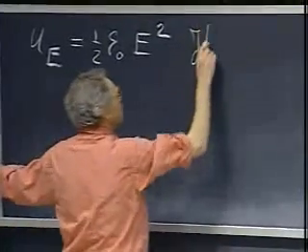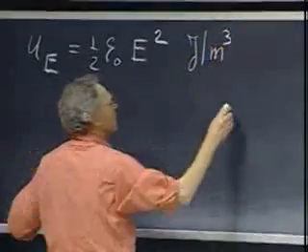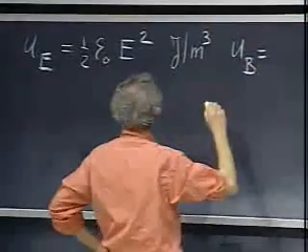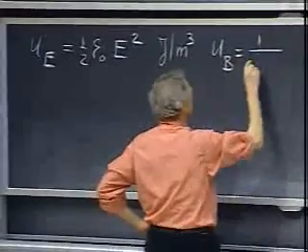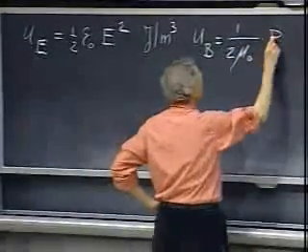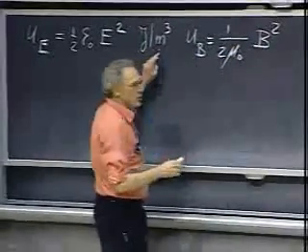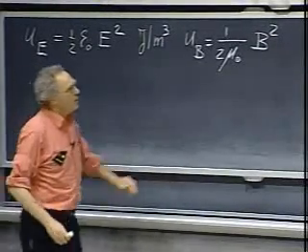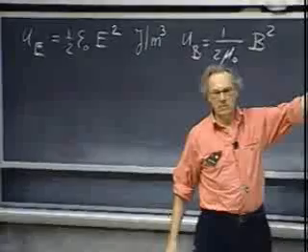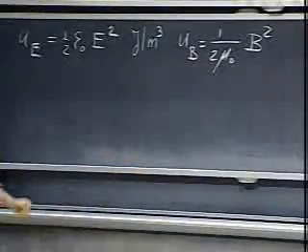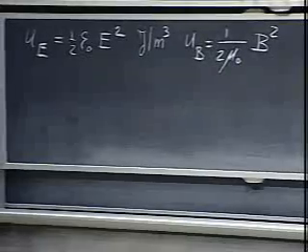This is now in joules per cubic meter. And the magnetic field energy density, which also has come up earlier in the course, is 1/2 mu 0 times B squared, again in joules per cubic meter. Now, when we deal with traveling waves in vacuum, at any moment in time, the magnitude of B is E divided by c.